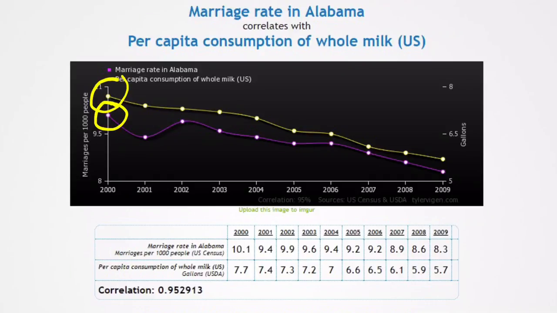What we can actually do is, we could entice the Americans to drink more milk, and then sooner or later, the state of Alabama will have loads and loads of marriages. Could very well be, couldn't it? So of course, it's completely bull. But this is what people could infer from that.